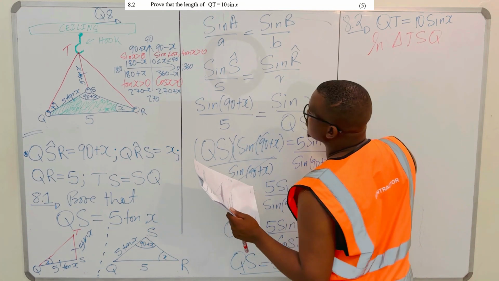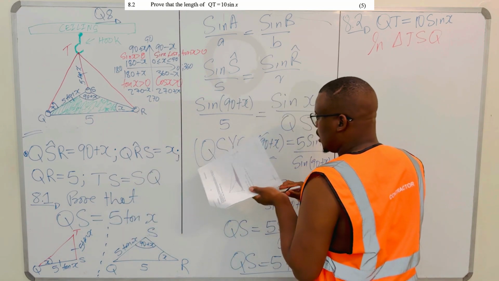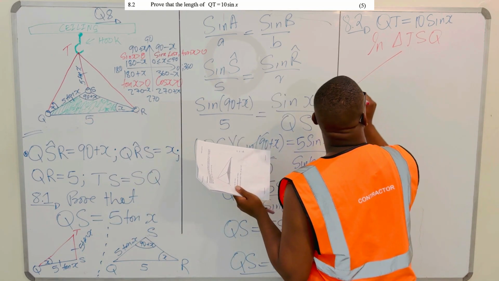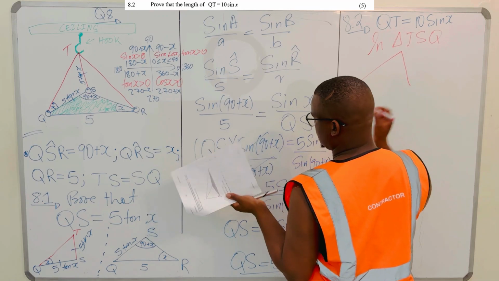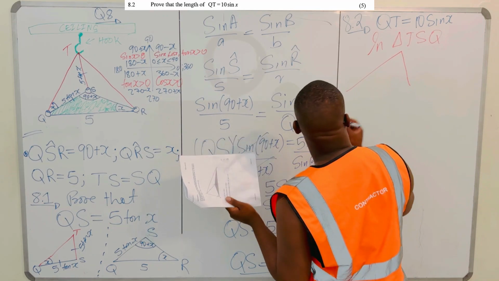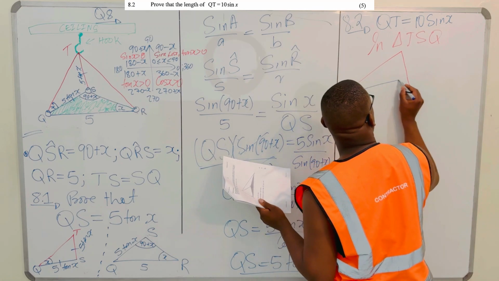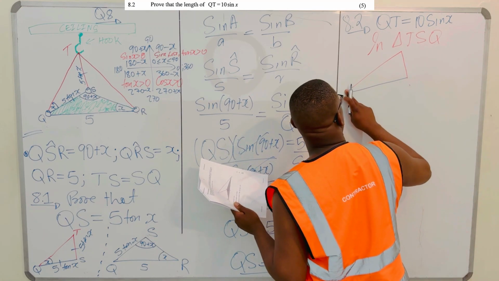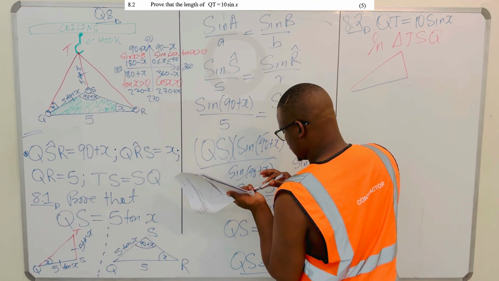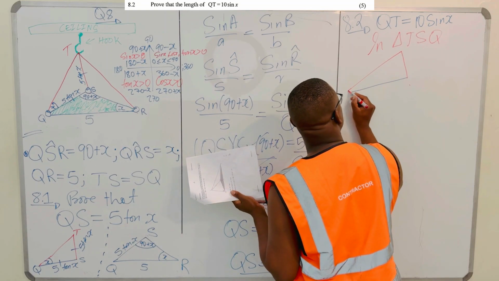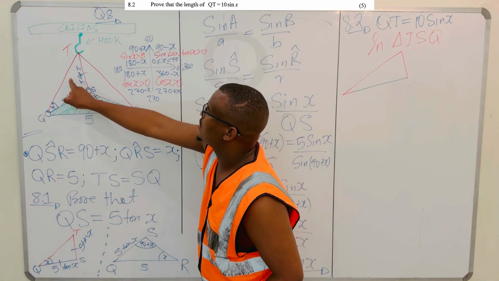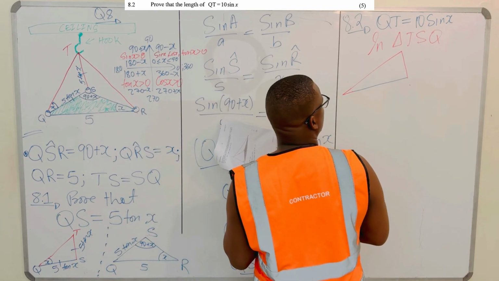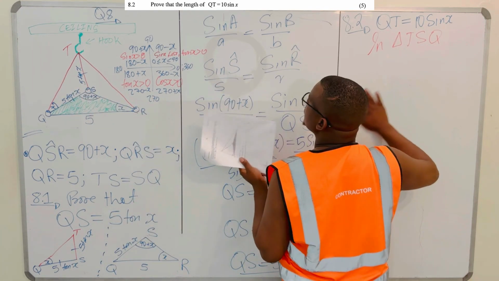Let me use the same color so that you can recognize it easily. Here it is. I'm trying to draw this triangle over here. Maybe it doesn't look very similar. Let me try.